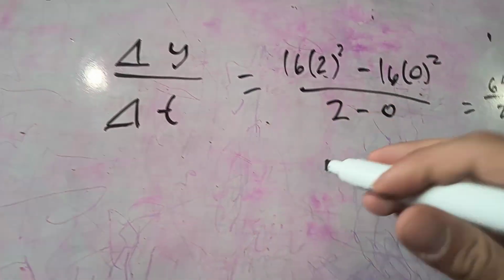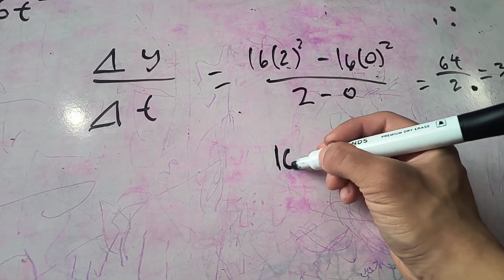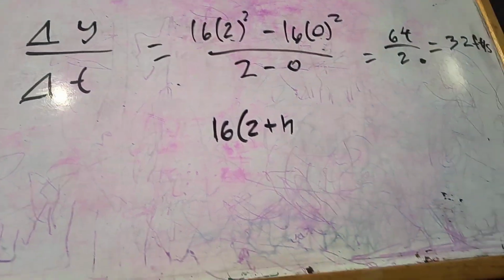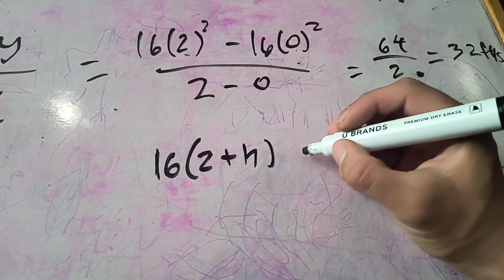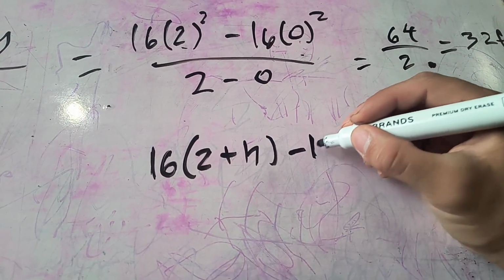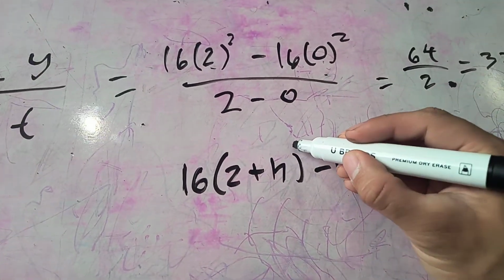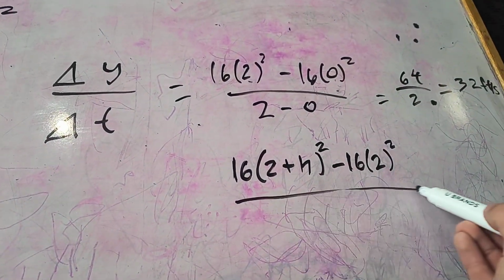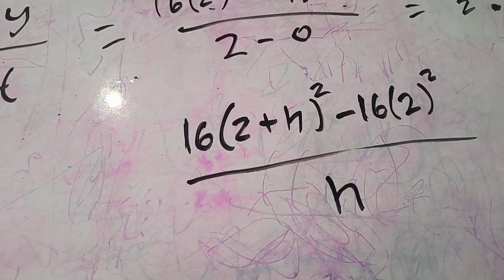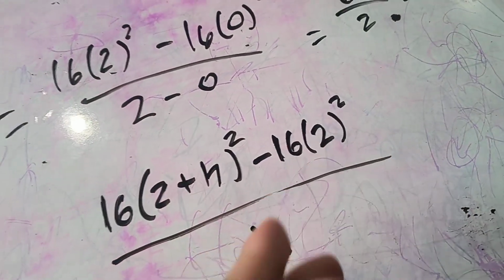We could find 16 times (2 plus h) squared, minus 16 times 2 squared, over h, because 2 plus h minus 2 is just h.